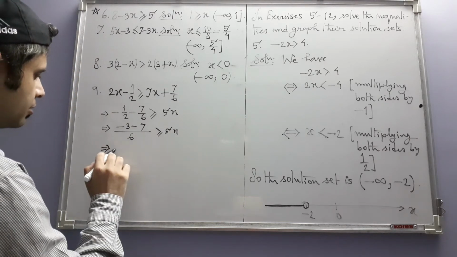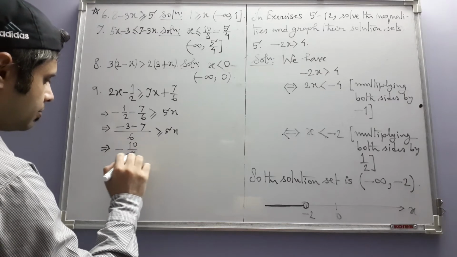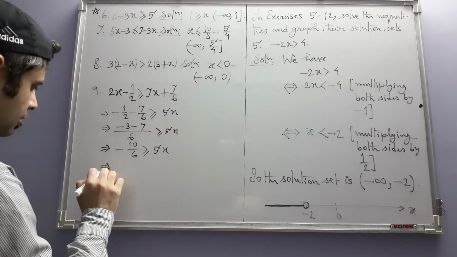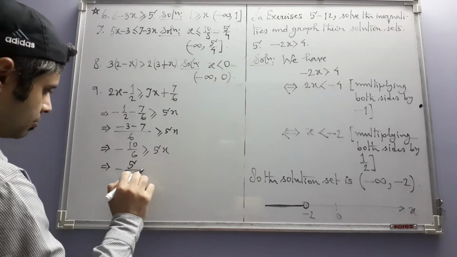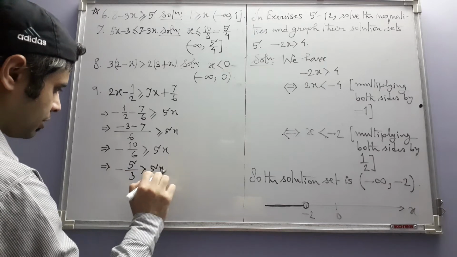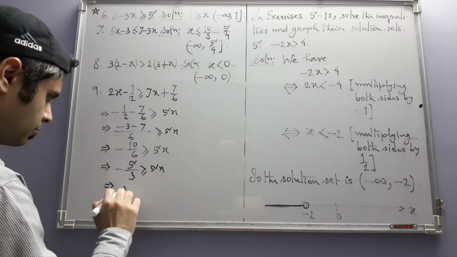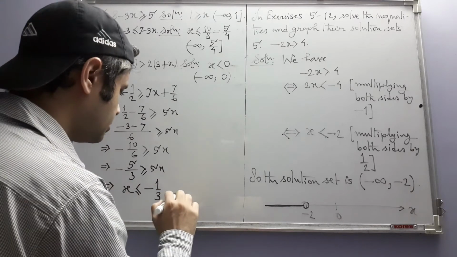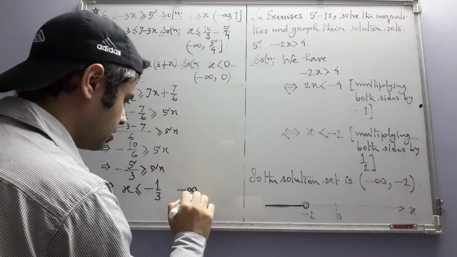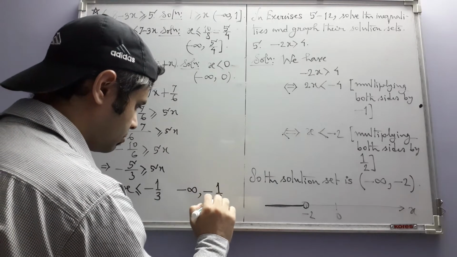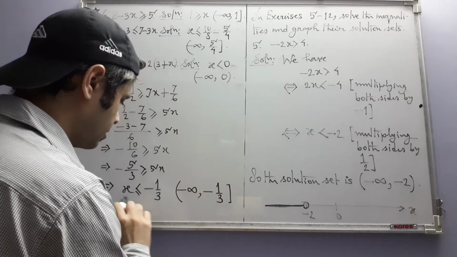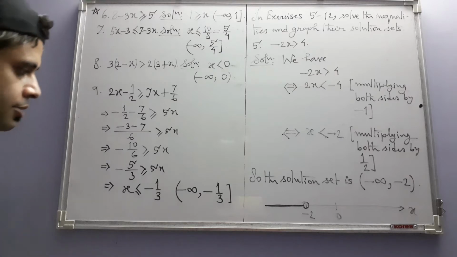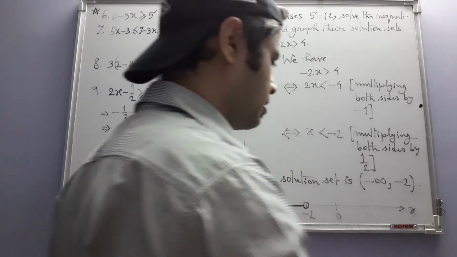So ultimately I have to write minus 10 divided by 6 is greater than or equal to 5x, or x is less than or equal to minus 1 by 3. So in this case the solution is again an interval, but we have the option of x being equal to minus 1 by 3. So it's closed on this side.